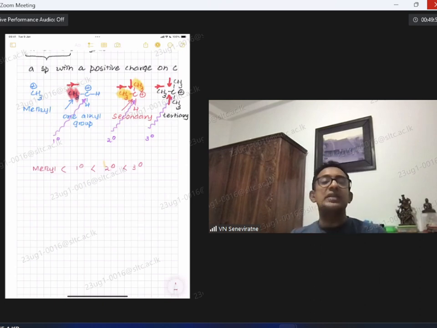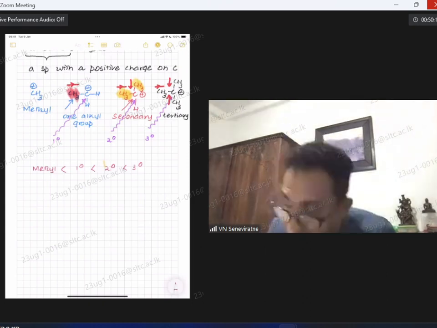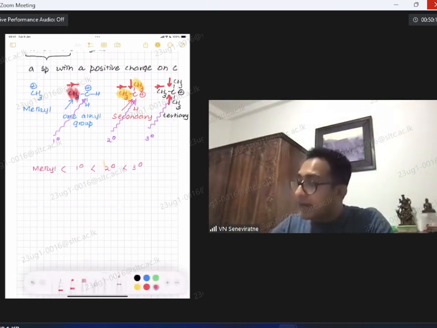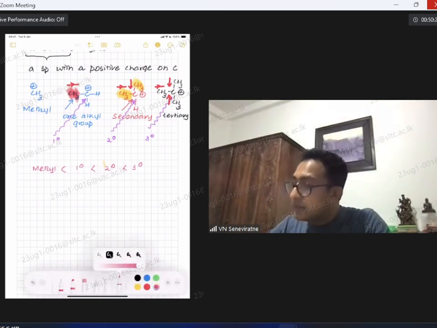The positive charge is like the bigger problem that we have. You have three friends to share your sorrow, and that will help you to stabilize. So more alkyl groups you have is better. For a carbocation, it's exactly like when you have more good friends around you, it might be very helpful. So alkyl groups for a carbocation are like really good friends, right?